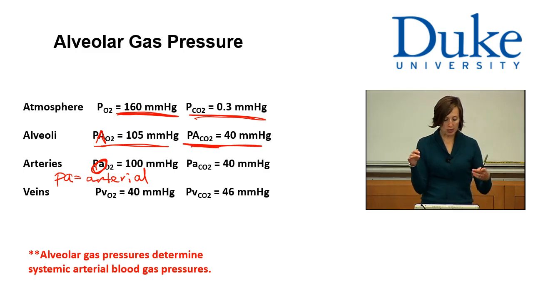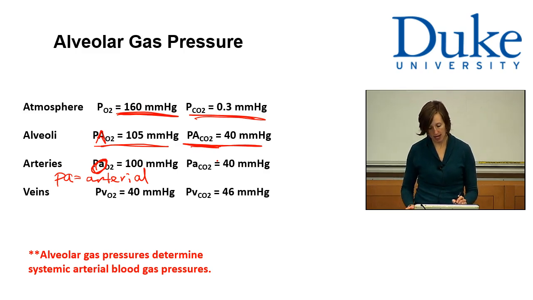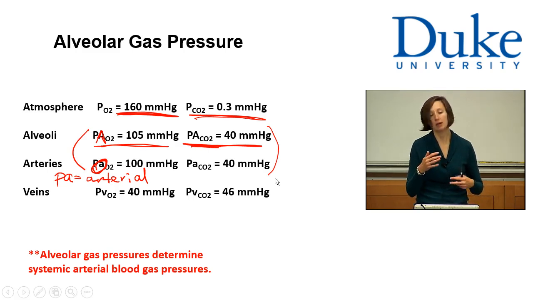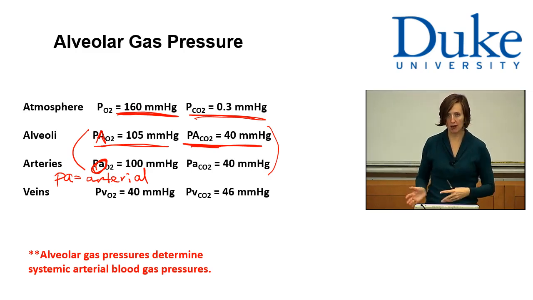So you can see that the pressure in the arteries is basically matching almost exactly the pressure in the alveoli. And that's true for oxygen and CO2. So we're getting basically complete equilibration between the alveoli and the arteries.